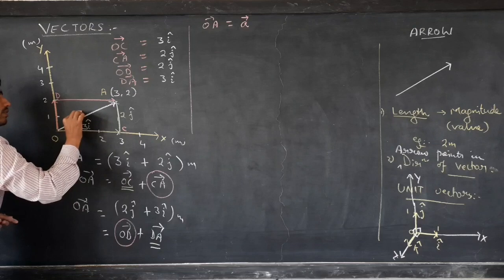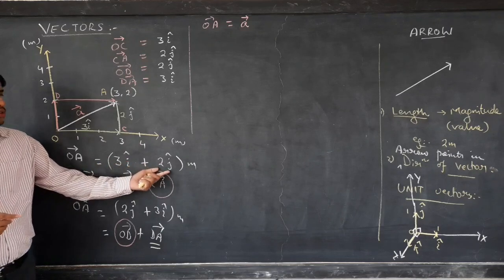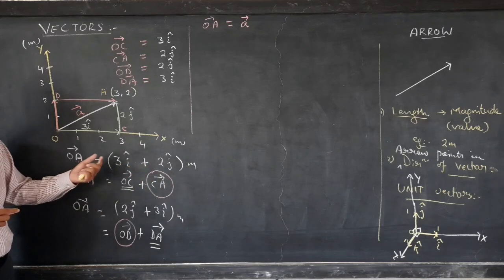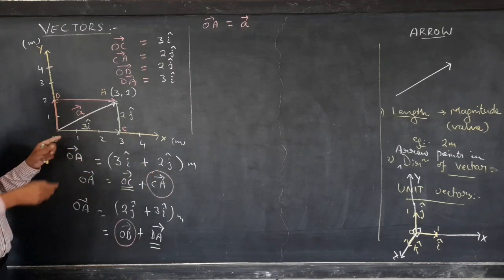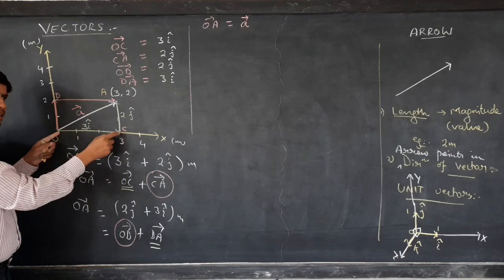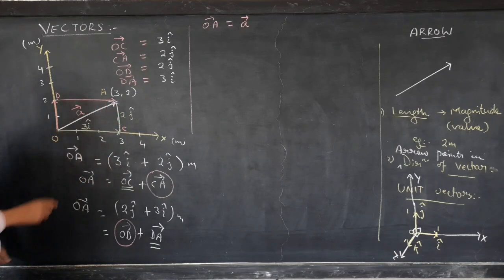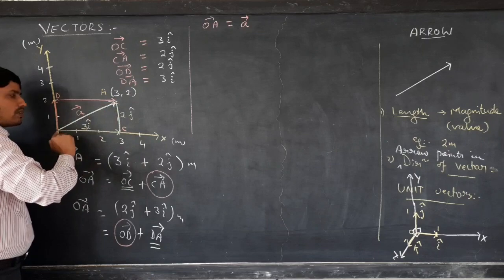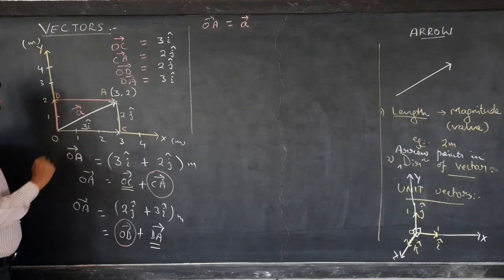So here this is a vector. When we are writing that OA vector is 3 i cap plus 2 j cap, it does not mean 3 plus 2. As I told, it means the resultant effect of 3 units along x-axis and a vector of 2 units along y-axis. So this plus this is geometrically this one. Okay. This vector we have called a vector.